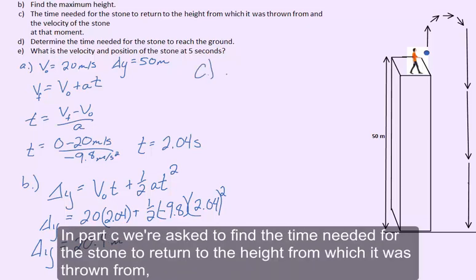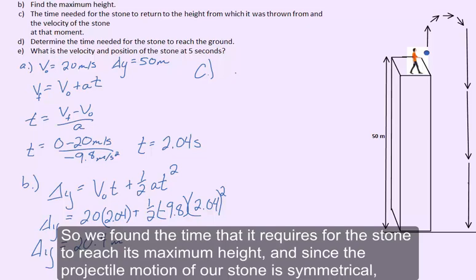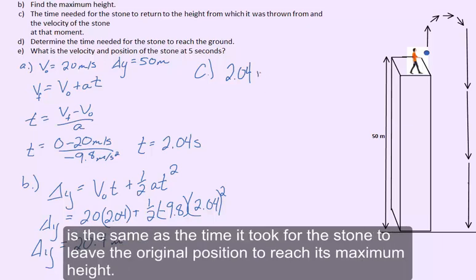In part C, we're asked, find the time needed for the stone to return to the height from which it was thrown, and find the velocity of the stone at that moment. So we found the time that it requires for the stone to reach its maximum height, and since the projectile motion of our stone is symmetrical, we know that the time required for the stone to return from its maximum height to its original position is the same as the time it took for the stone to leave the original position to reach its maximum height.